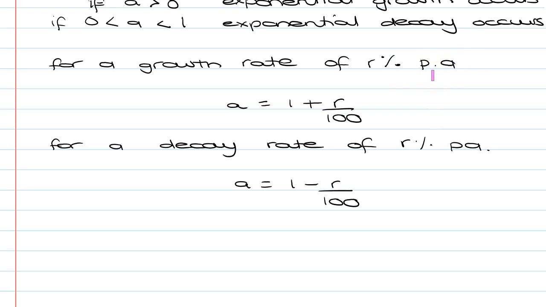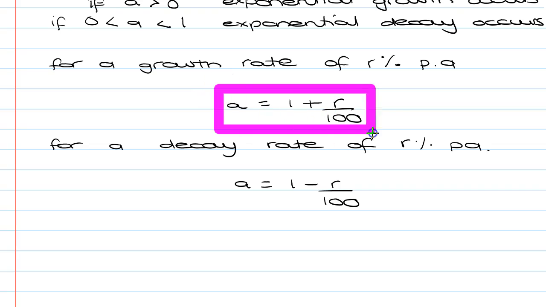So if we've been given a percentage that's calculated per year, we know that we're going to have interest that's increasing. So this relationship here, which is 1 plus r over 100, basically just describes a percentage increase. So say it was, I don't know, a 50% increase, then this a would be 1.5.